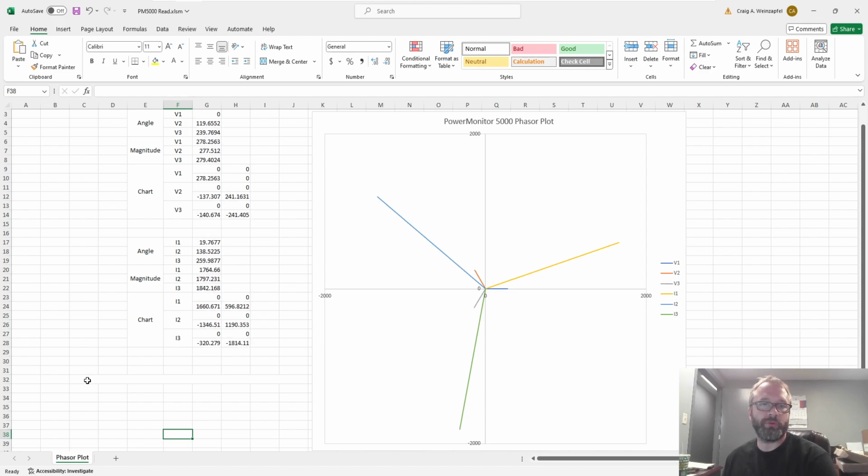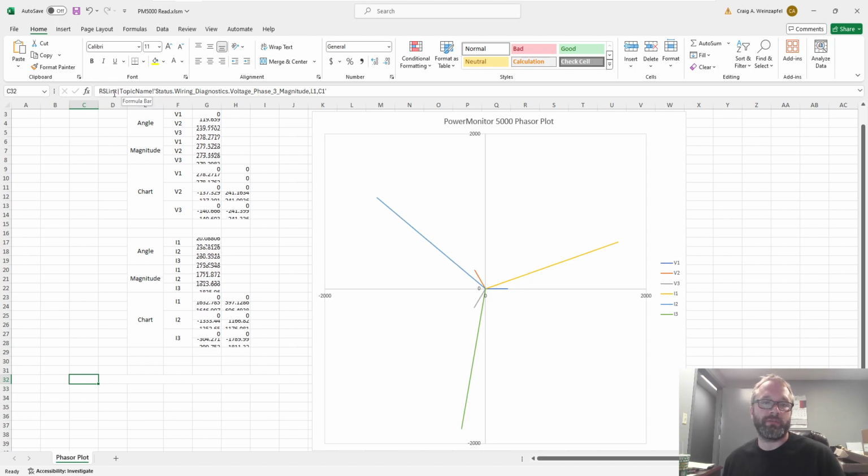Just in case you wanted to see how I was pulling this data in, as you can see up here in my formula bar, once I had already created a topic in RSLinx, I enter into the cell equals RSLinx, so it tells you what application to use, the bar, and then the topic name.